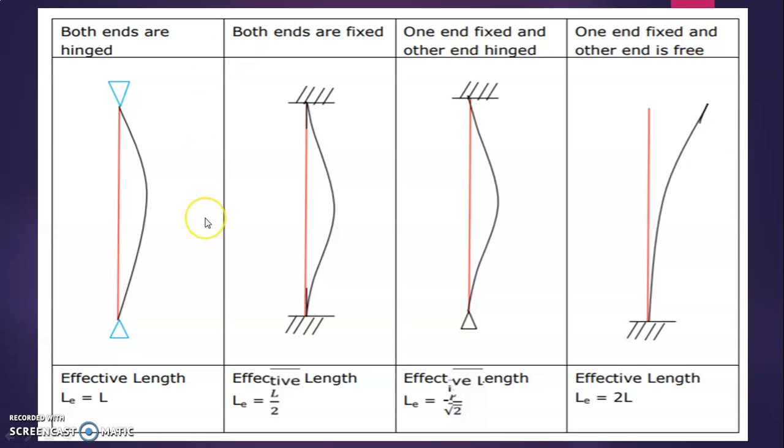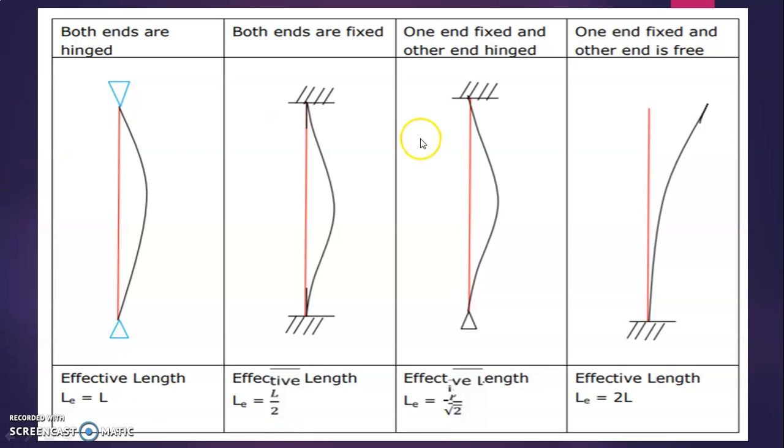Now we'll see what the formula for this is. When both ends are hinged, the column bends like this, but the length remains the same, so effective length is equal to L. But once both ends are fixed, till here it doesn't bend, then it starts bending. So effective length is equal to L divided by 2.